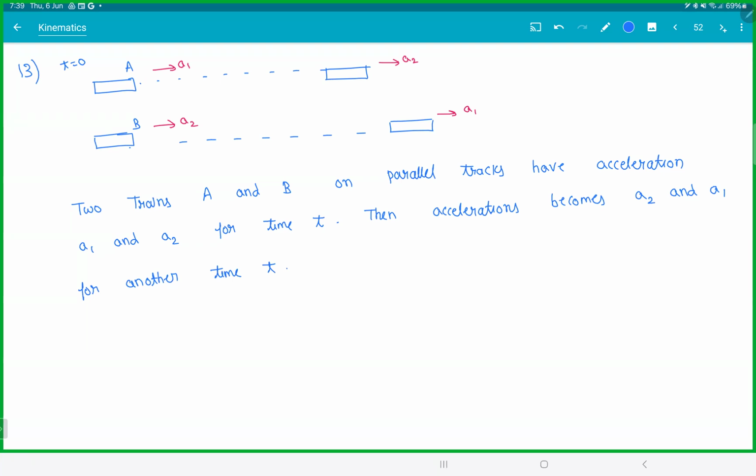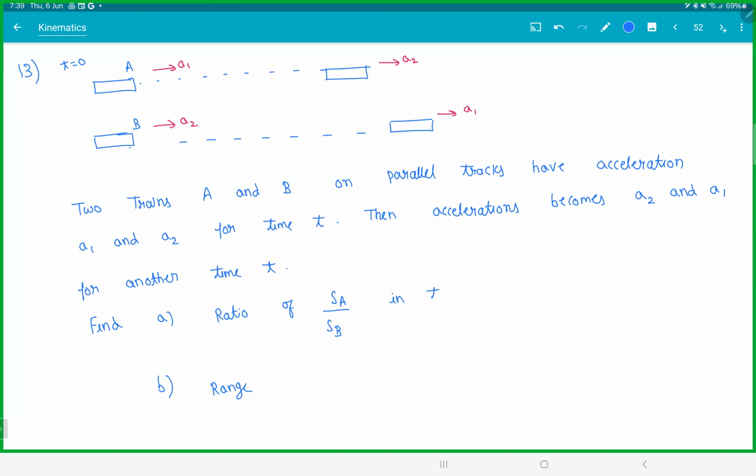So the question is find the ratio of the distance traveled, that is distance traveled by A by distance traveled by B, in the total time 2T.